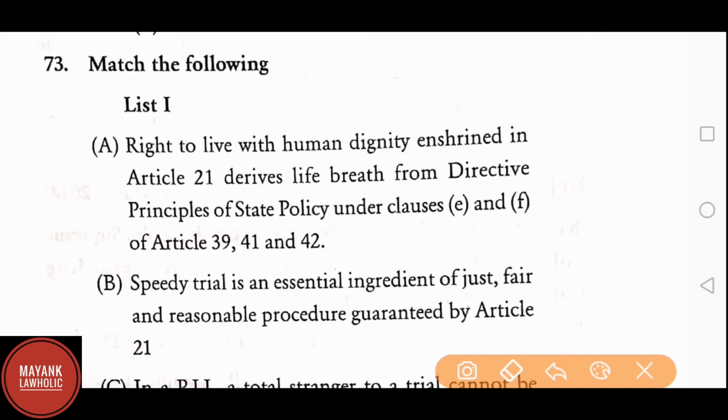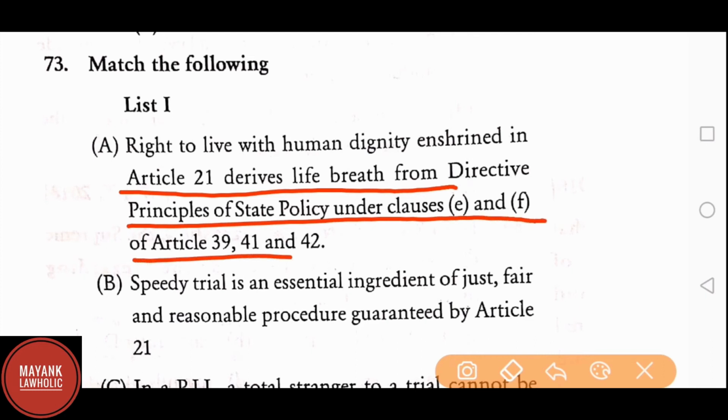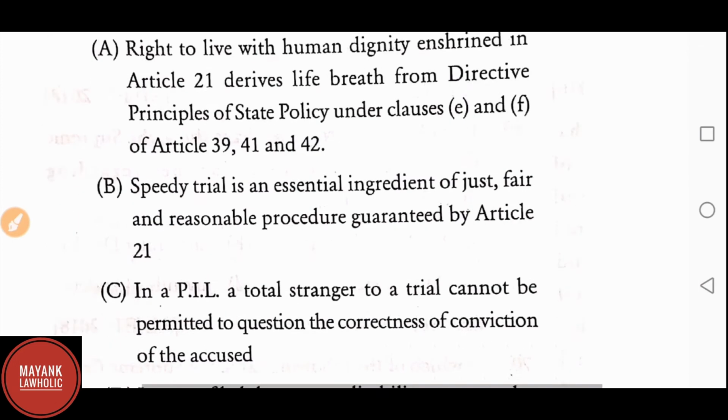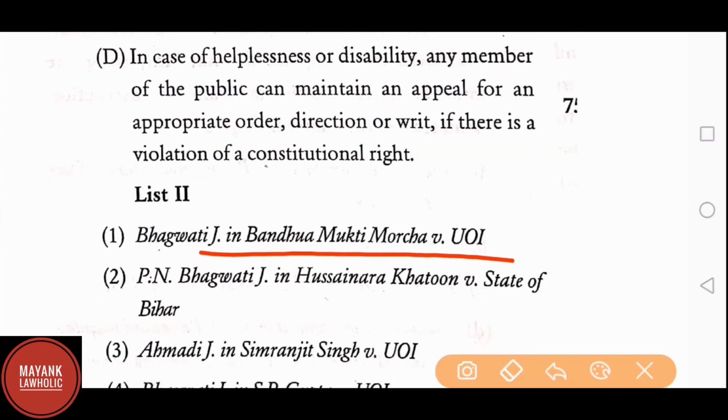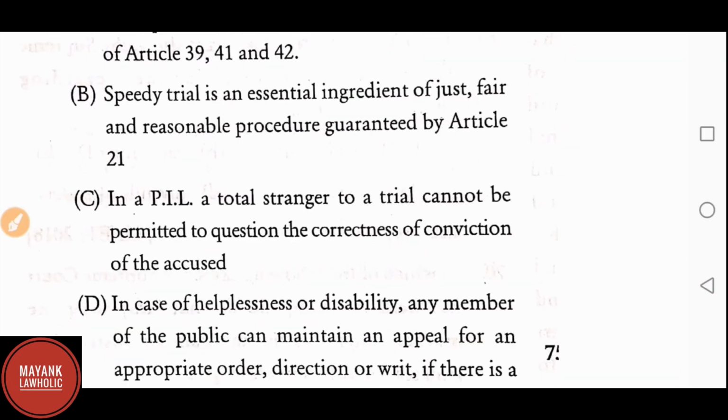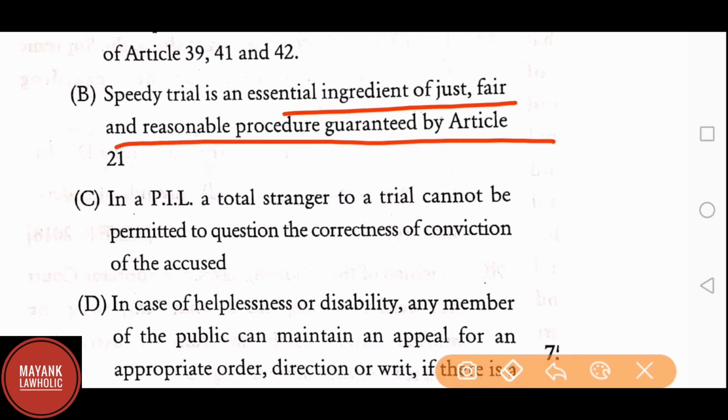Match the following. List 1. A. Right to live with human dignity enshrined in Article 21 derives its breath from directive principles of state policy under Clauses E and F of Article 39, 41 and 42. This was held in the case of Bandhua Mukti Morcha versus Union of India by Justice Bhagwati. Speedy trial is an essential ingredient of the just, fair and reasonable procedure guaranteed by Article 21.